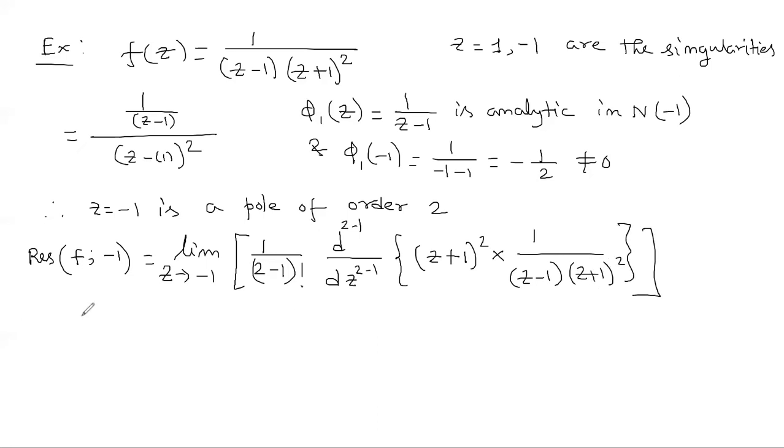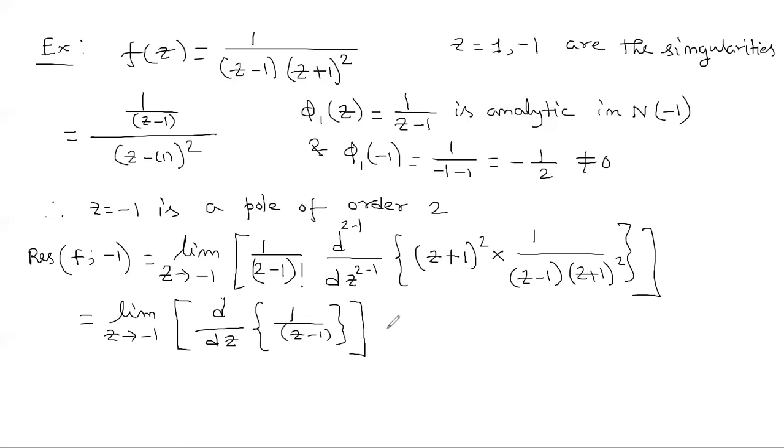So if we simplify this, we'll get limit z tends to -1. So 1 by 1 factorial is 1. And here it is d^(2-1), so it is d/dz of 1 by (z - 1).